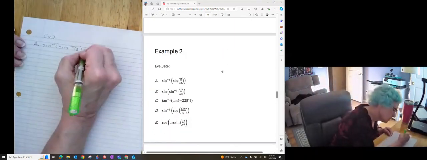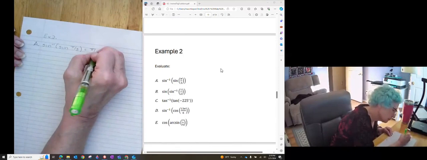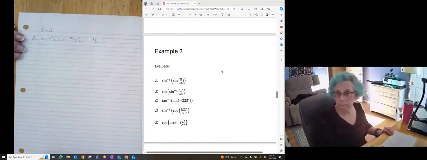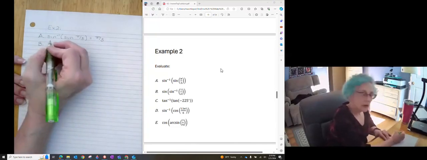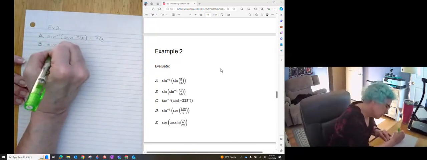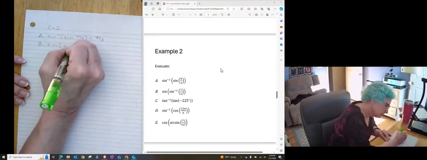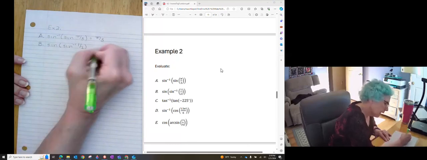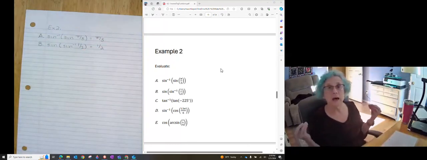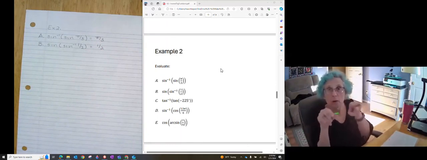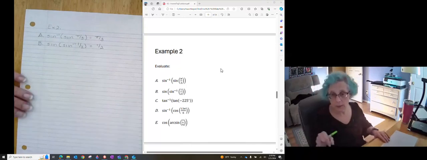So this one is just pi over 3. If we look at the sine of the inverse sine of 1/2, my answer is just 1/2 because that lives in that interval between -1 and 1.